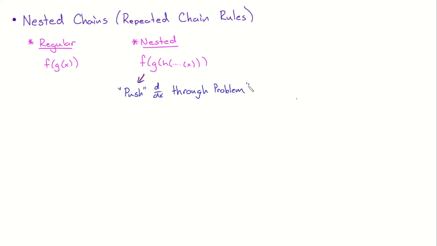And if we have a better way to word this after we do an example or two, I'm fine with it. But we're essentially just pushing it through. Now, that probably doesn't mean anything yet, but if I forget to ask whether or not this seems a reasonable statement, remind me at the end of this problem to really dig in and see if it makes sense. So I only have one ready to go right at this point in time, but we can do certainly more than this. So here we go, nested chains.